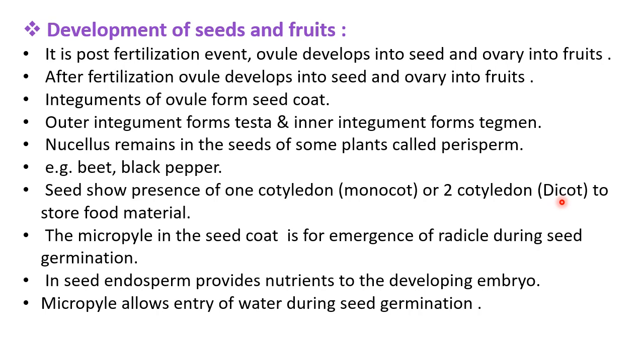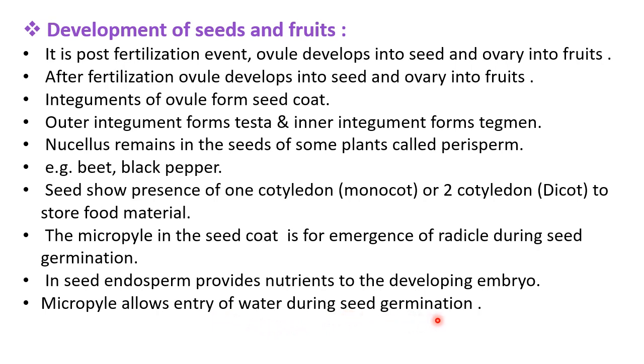The micropyle in the seed coat provides passage for the radicle to come out during seed germination, as well as allows the entry of water during seed germination.